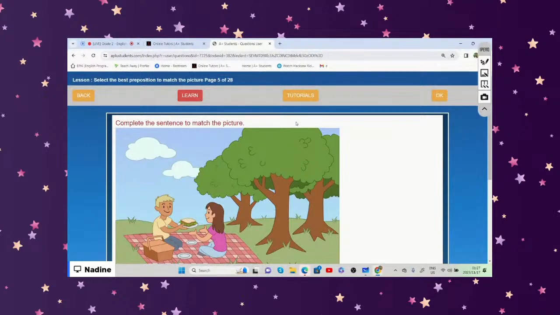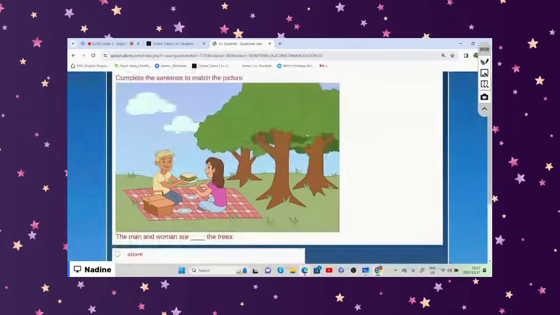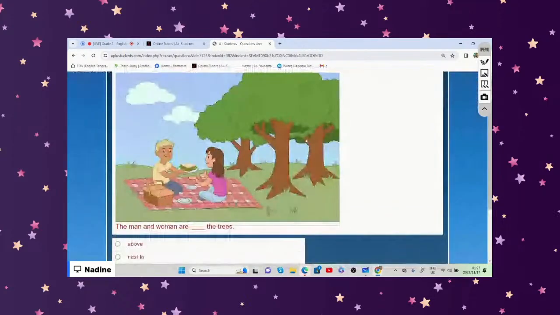Now we need to look at the picture. It says complete the sentence to match the picture. The man and woman are they above the trees having a picnic or are they next to the trees having a picnic?